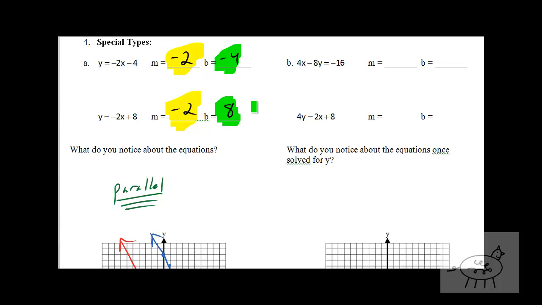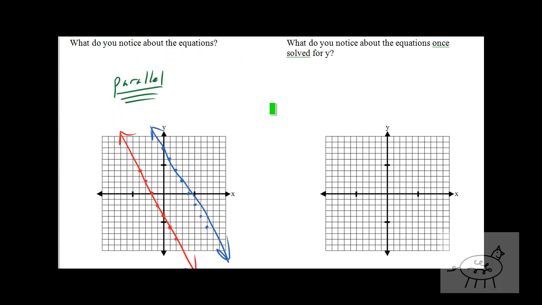The one was -4, the other one was 8. They need to be different. If they're not different, that'll be our next case. We'll talk about that in a little bit. But right now, these lines are parallel, so they will never cross.